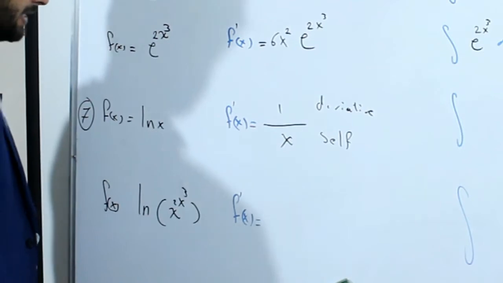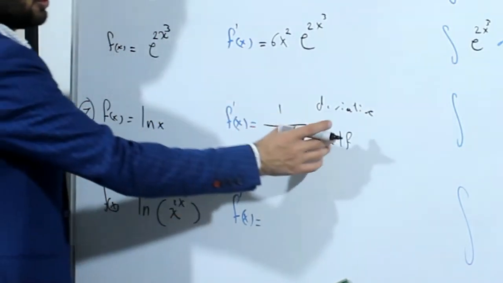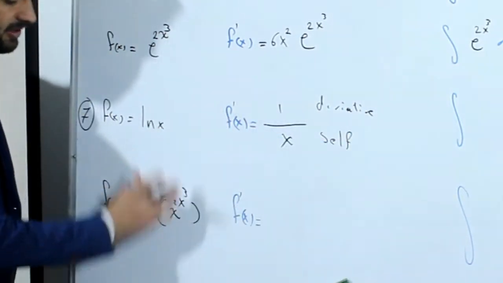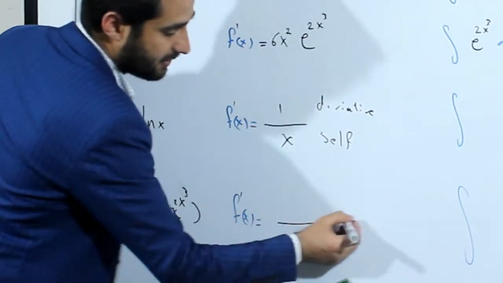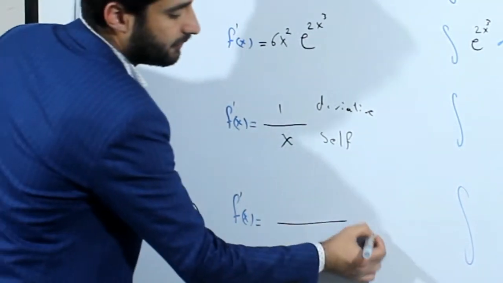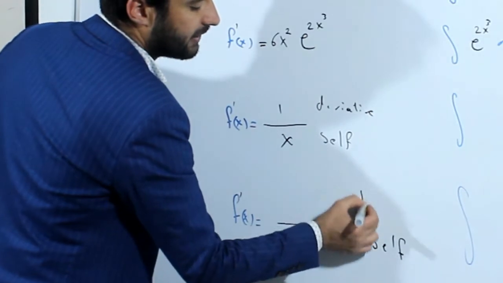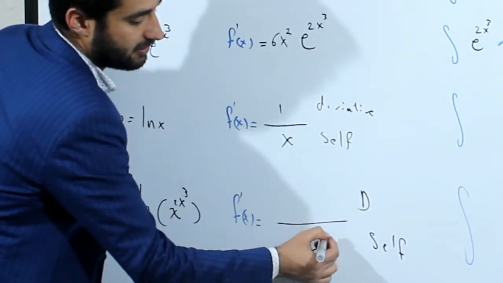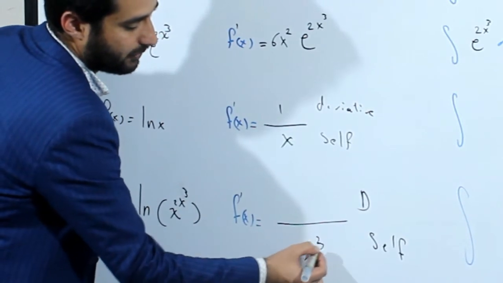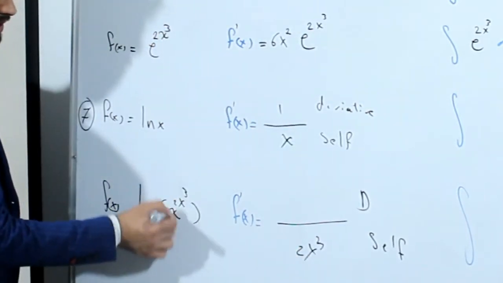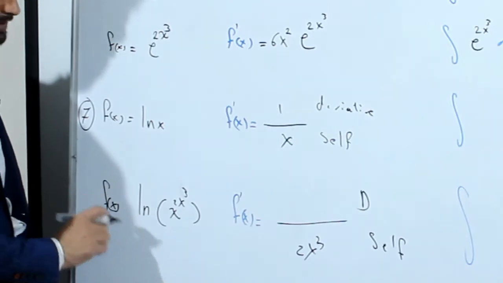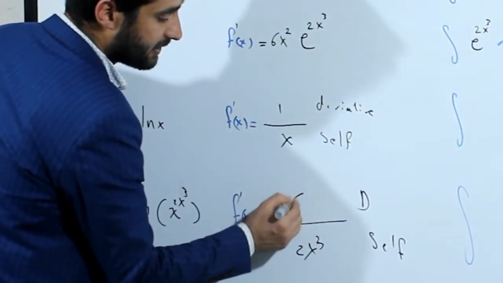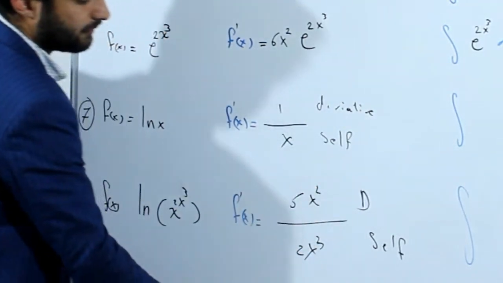That's so easy. Now let's use this rule in this function. This is equal to its derivative over itself. So itself is what? We have to write again 2x to the power of 3, all of it without the ln, of course, and its derivative is 6x to the power of 2.